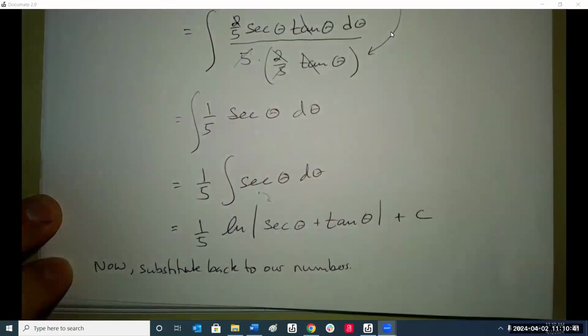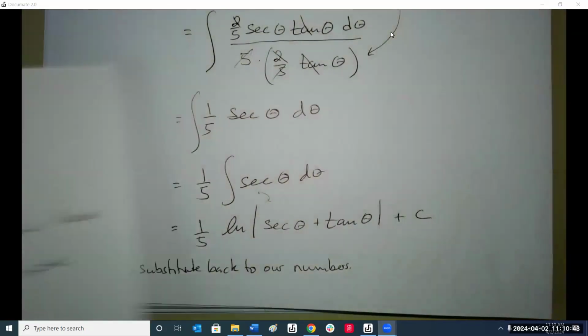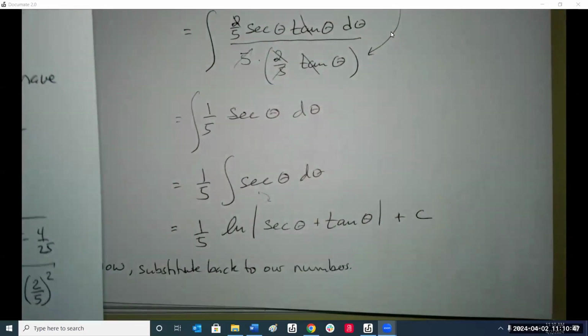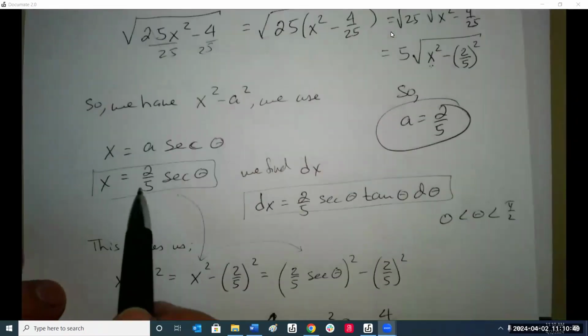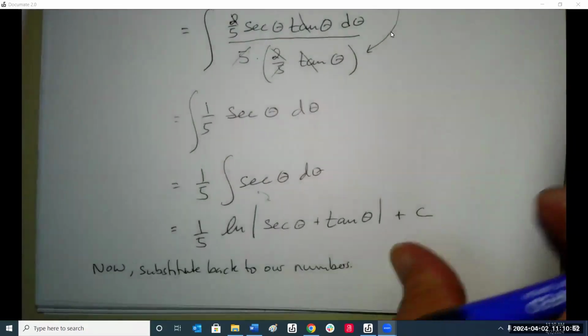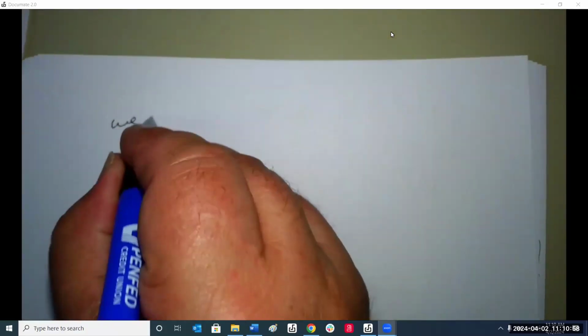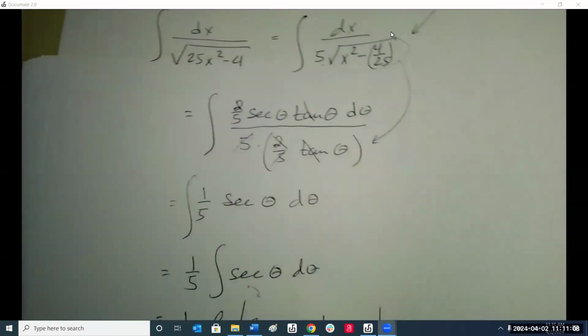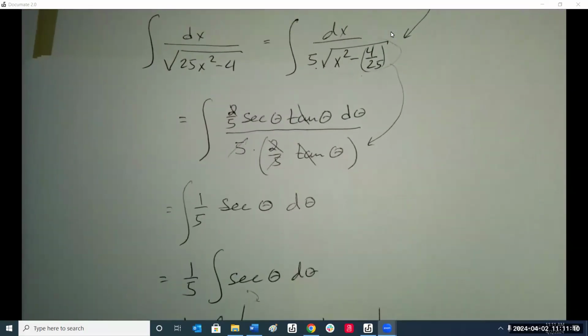So let's see what we have. We have secant here, so let's go. We have x equals 2/5 secant theta. Then we have to get tangent.